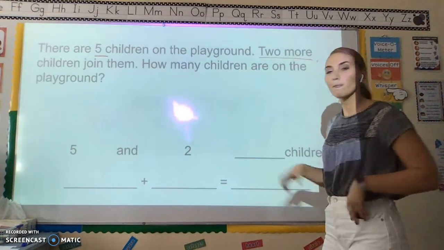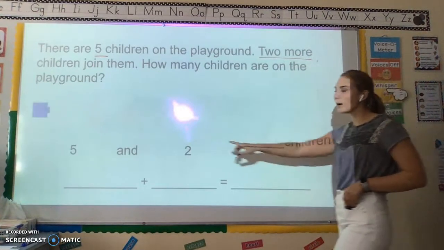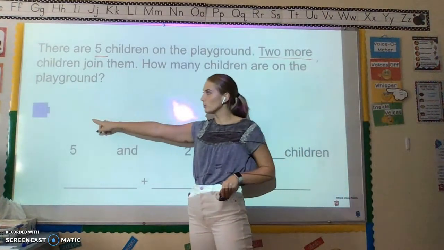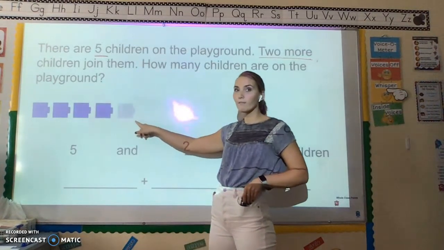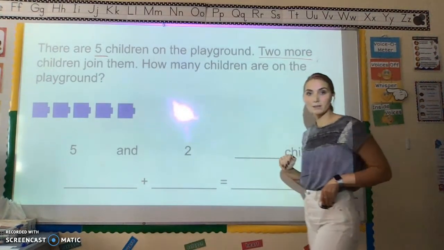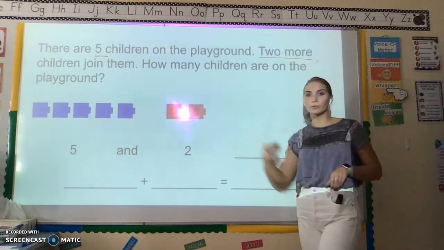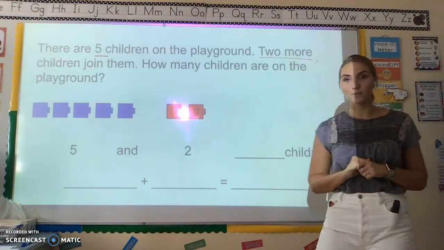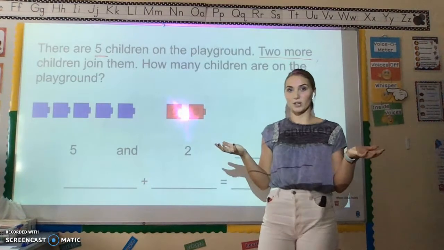So, let's build it with our blocks. I have 1, 2, 3, 4, 5 children on the playground. And 1, 2 more children join them. These are our 2 parts, boys and girls.